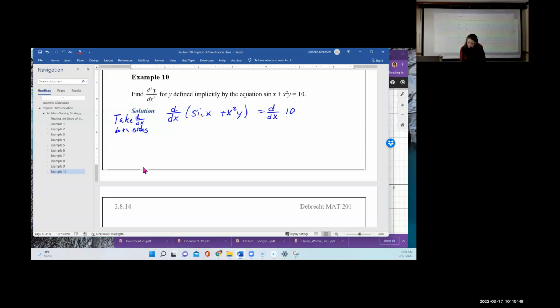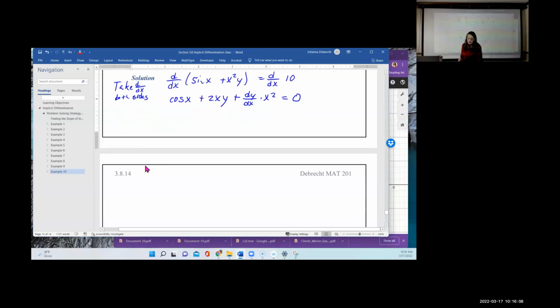So our first derivative is going to give us cosine of x. Then we have the product rule, plus 2xy plus dy dx times x squared equals 0. This is already sufficiently simple. I don't feel like I need to rewrite it. So I'm going to go ahead and isolate the dy dx terms.